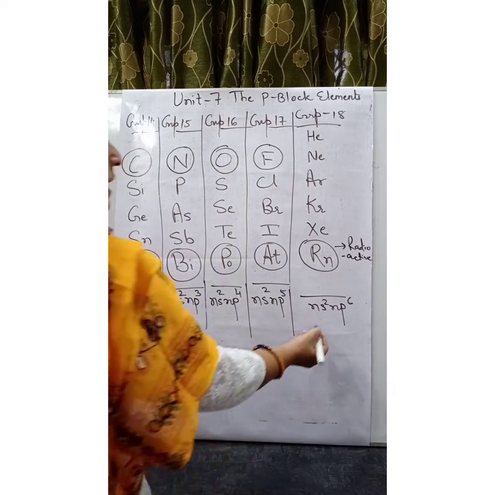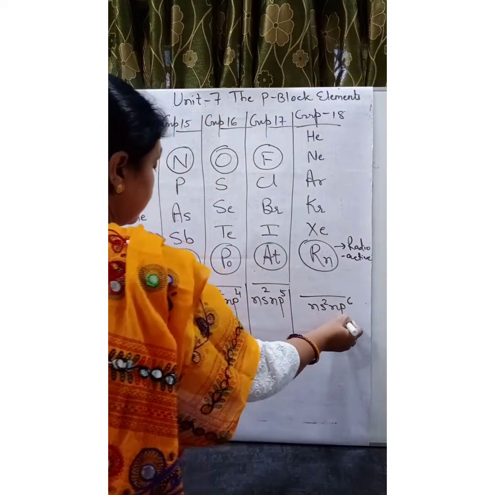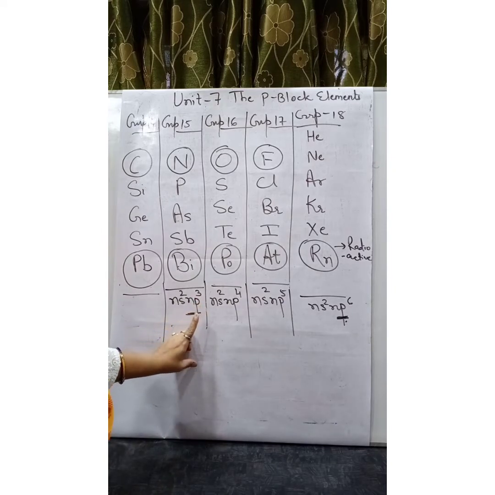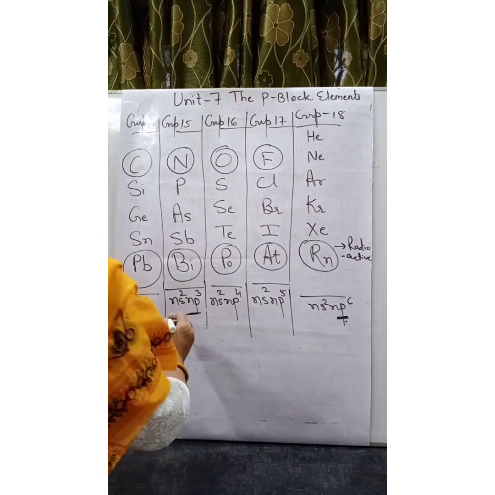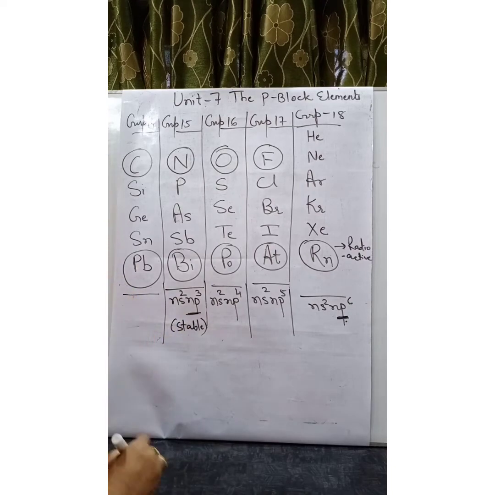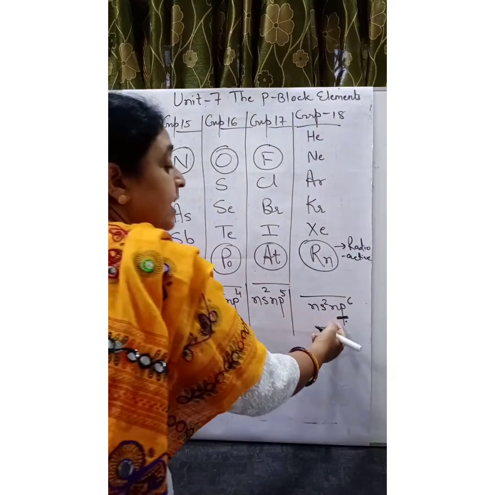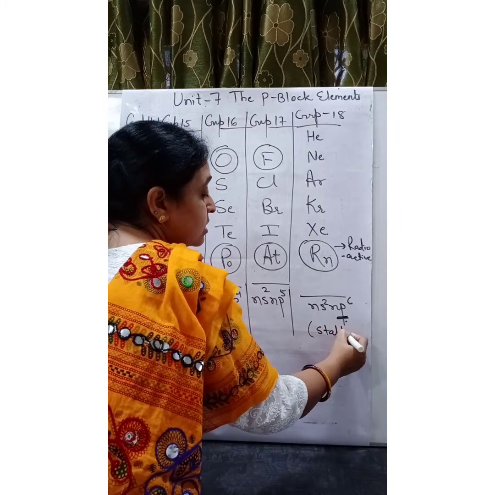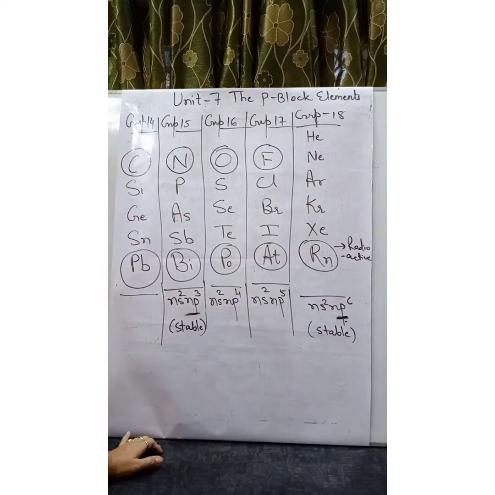From this we can make out that np3 is a half filled orbital, therefore it has a stable electronic configuration. Here np6 is completely filled, so this also has a stable electronic configuration.